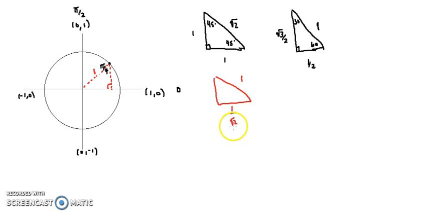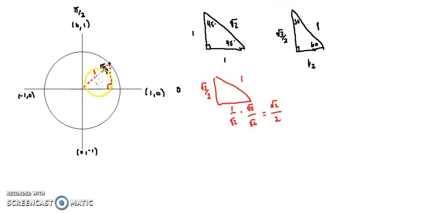Now in this class, we don't like to leave square roots on the bottom, so we're going to rationalize the denominator. And to do that, we multiply by the square root of 2. So we get square root of 2 over, and then square root of 2 times square root of 2 would just be 2. Okay, so this side is square root of 2 over 2, and this side would also have to be square root of 2 over 2.